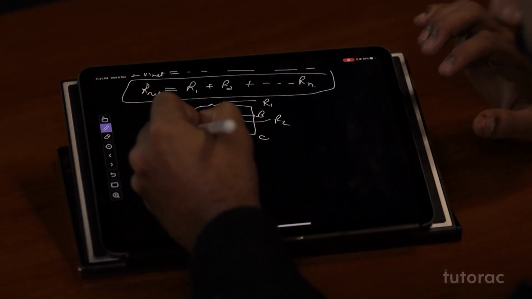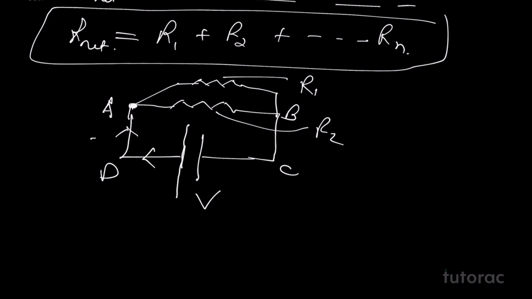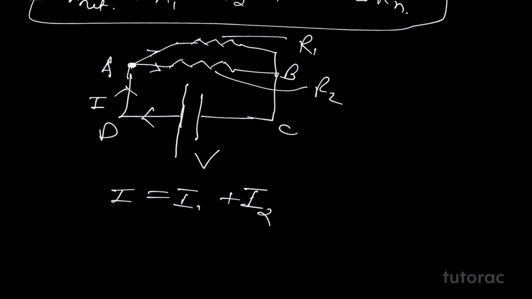At point A, when current I moves in this direction, it will break into two constituent currents, I1 and I2. So I can write I equals I1 plus I2 following KCL. I goes into junction point A, and I1 and I2 leave junction point A.